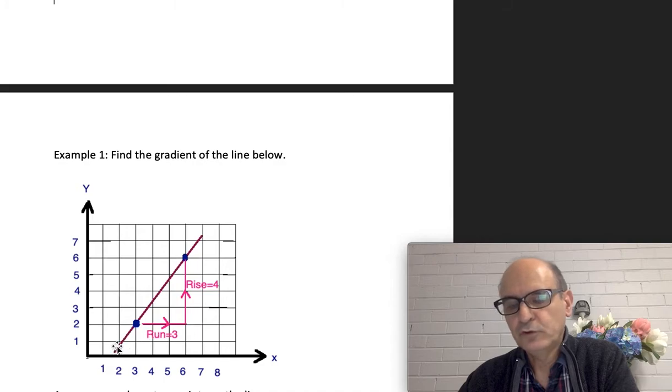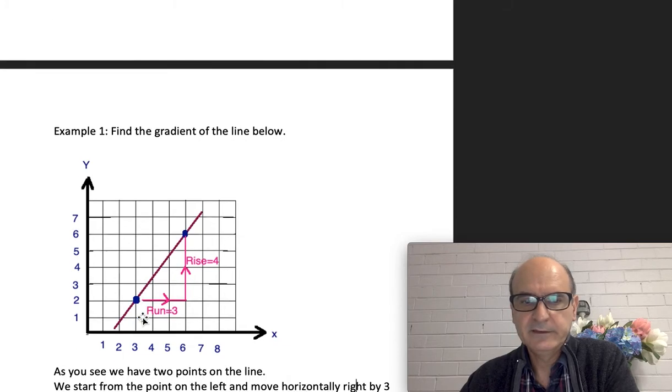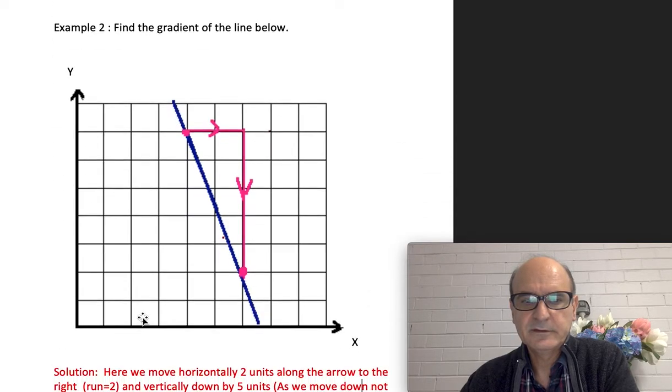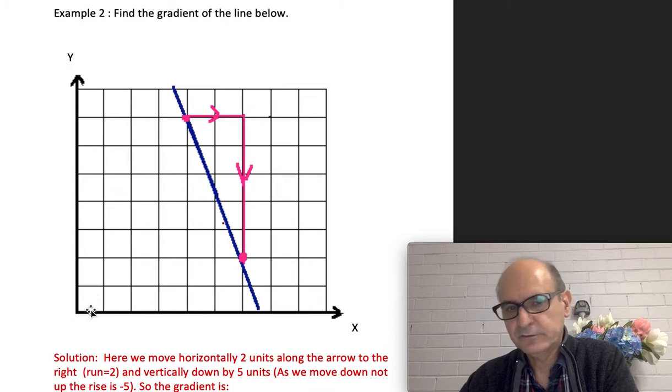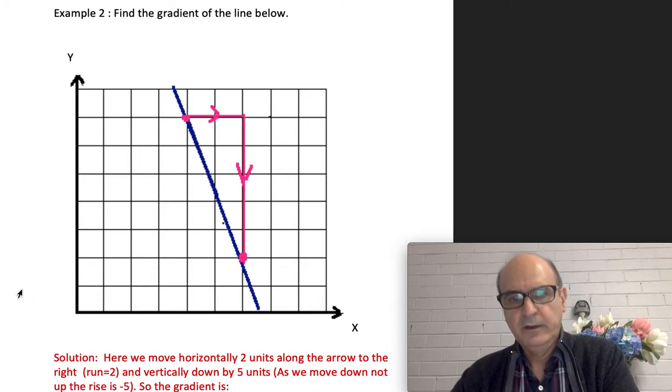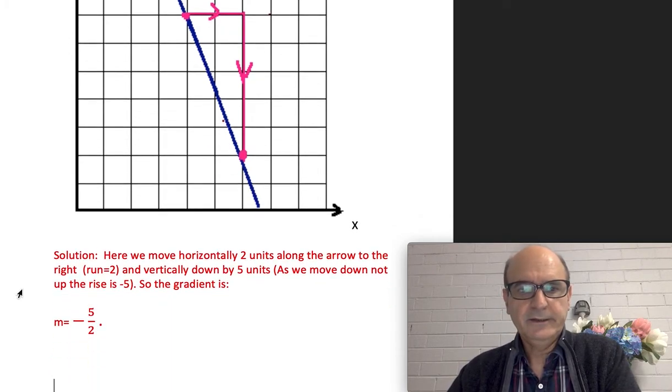If your line goes up while you're going to the right, then you have a positive gradient. So that's the positive gradient, and this is a negative gradient. So positive gradient, negative gradient. Okay.